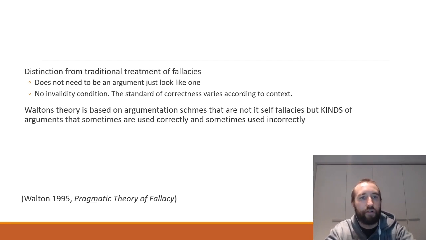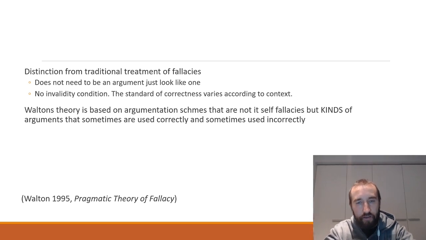What I have written here is very important for our analysis of these fallacies: Walton's theory is based on argumentation schemes that are not in themselves fallacies, but kinds of arguments that sometimes are used correctly and sometimes used incorrectly. How I would put this in simpler terms is that some arguments may have a form.